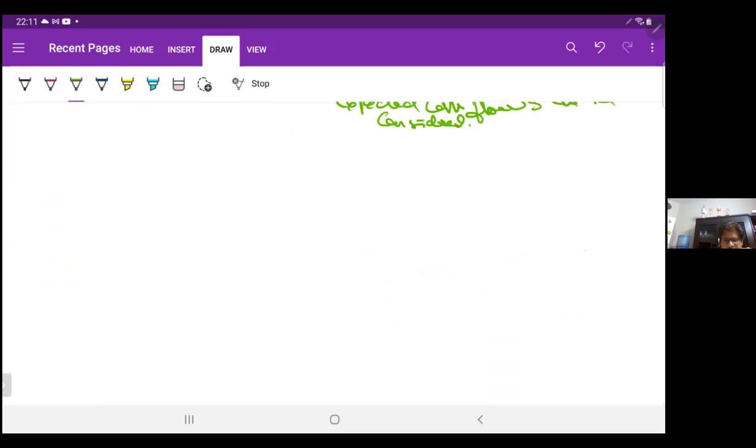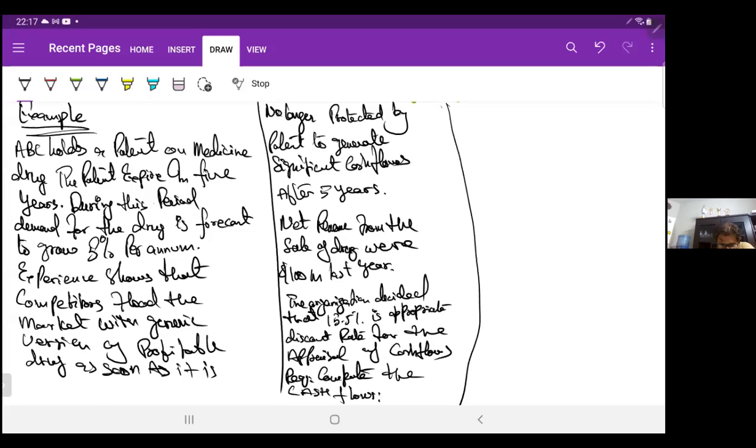Now, let us look at the example. All right, now we have an example in front of us which says ABC holds a patent on a medicine drug. The patent expires in 5 years. During this period, the demand for the drug is forecast to grow 5% per annum.